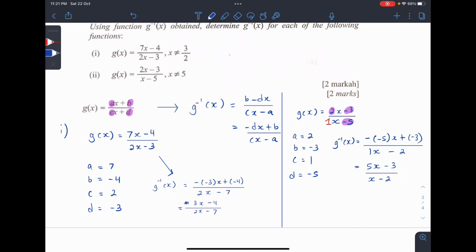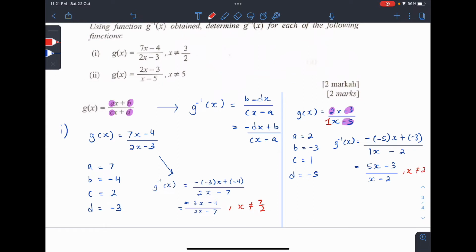And we've got our answers. We have already inversed them. The only thing I want to change is that I didn't write what x can't be. So x over here can't be 7 over 2, and on the right side, x can't be 2.